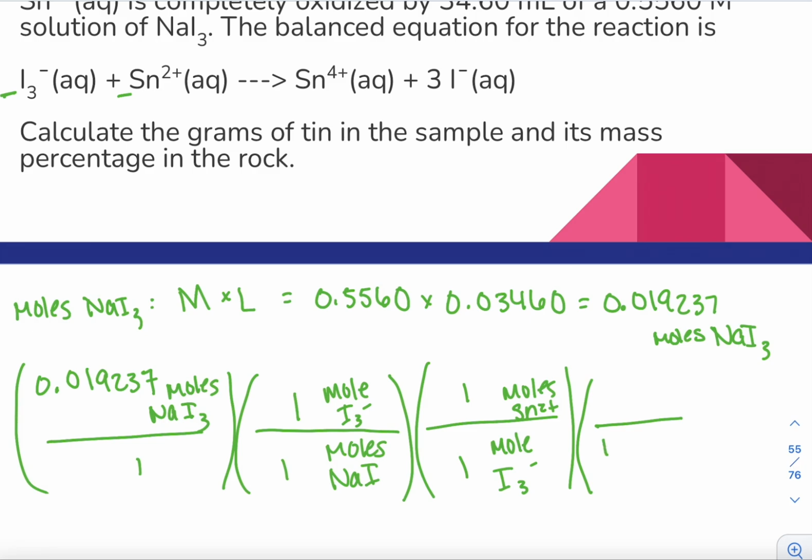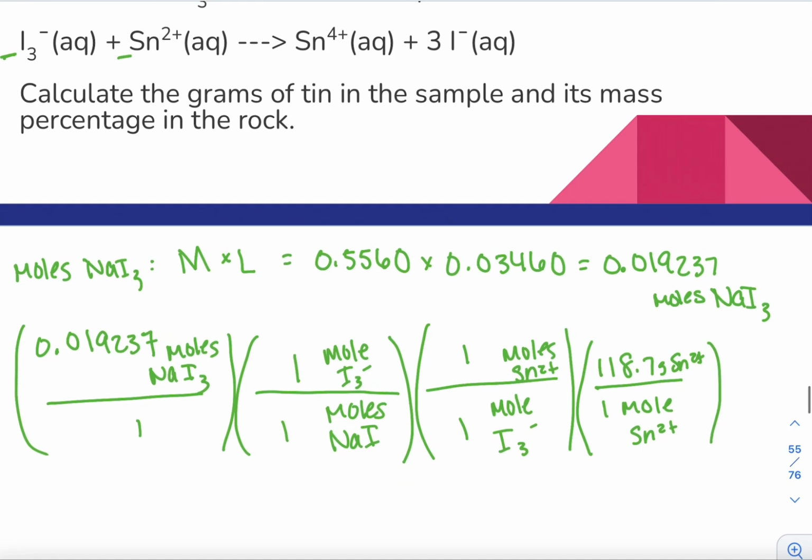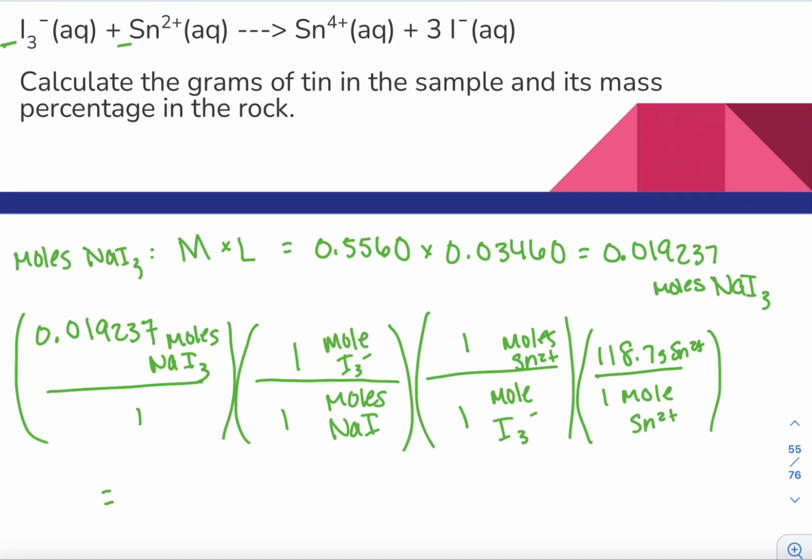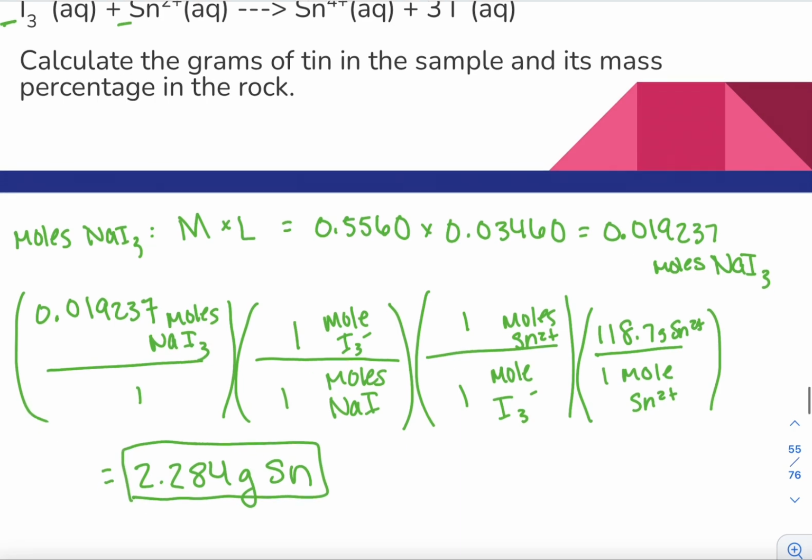So then we'll do 1 mole, and so that comes out to 2.284 grams of tin. That's the first part of what they're asking for.